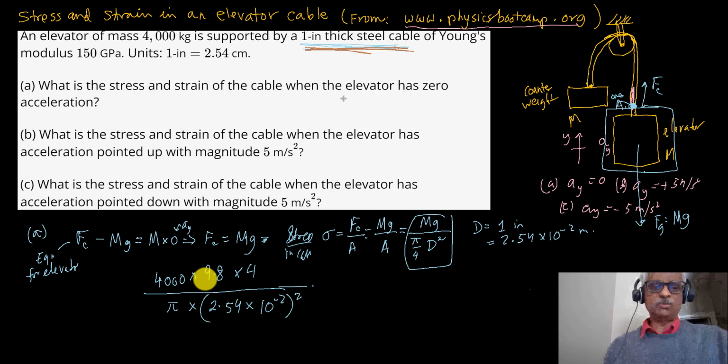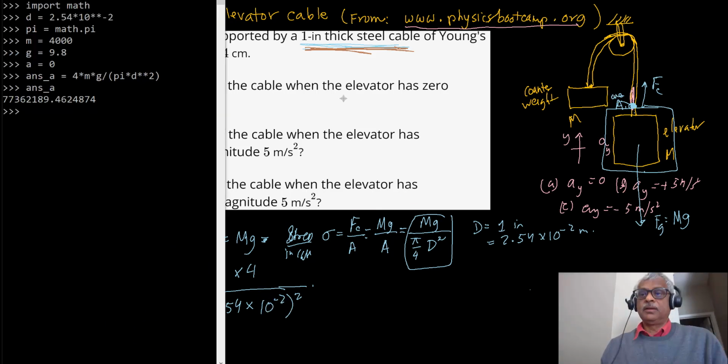So I'll just put this in a calculator and get the answer. I'm going to pause it and give you the answer. Okay, so I have these numbers. I just put them in my Python IDLE, and I wrote down the answer over here, and it says 77.4 megapascal.